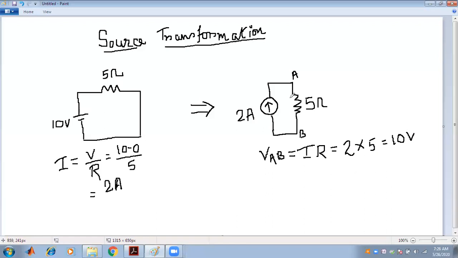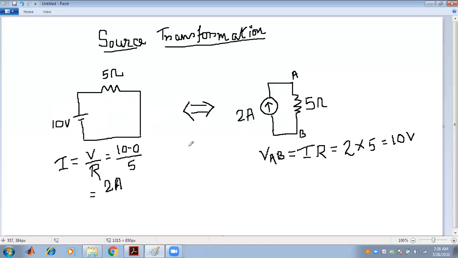So in order to convert the current source of 2 ampere and 5 ohm resistance to an equivalent voltage source, we take a 10 volt source and connect the 5 ohm resistance in series with the 10 volt, converting the current source to a voltage source.